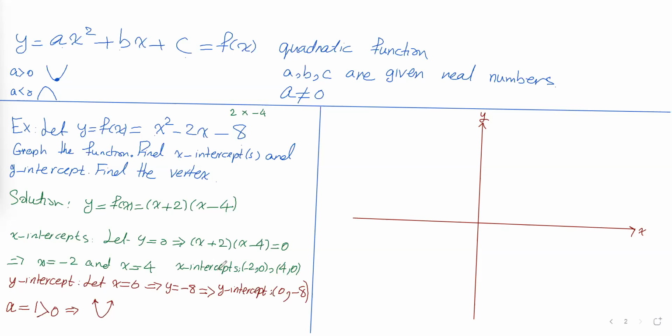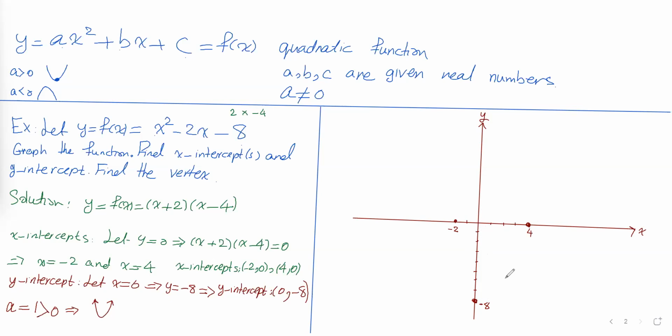So x-intercepts are negative 2, which is my zeros basically, and 4. Okay, I know my graph is going to pass through these 2 points. And then I have y-intercept, which is 0 and negative 8. 1, 2, 3, 4, 5, 6, 7, 8, roughly, right? So I know my graph is going to pass through these 3 points.